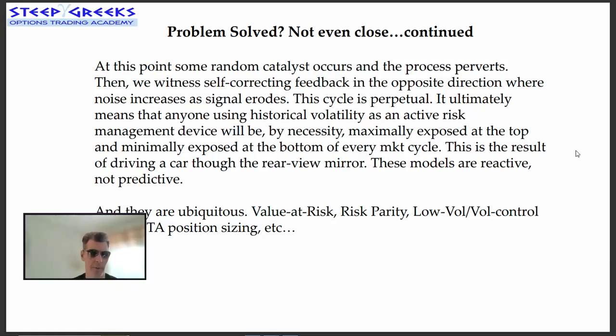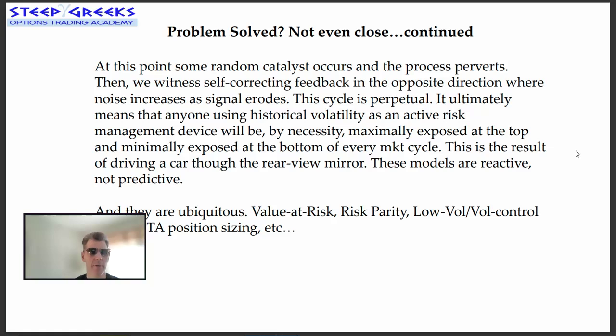Constantly cycle in this way because markets, as discounting mechanisms, are always looking for signal and acting upon those signals. So it ultimately means that everyone using historical volatility as an active risk management device will be, by necessity, maximally exposed at the top and minimally exposed at the bottom of every cycle.